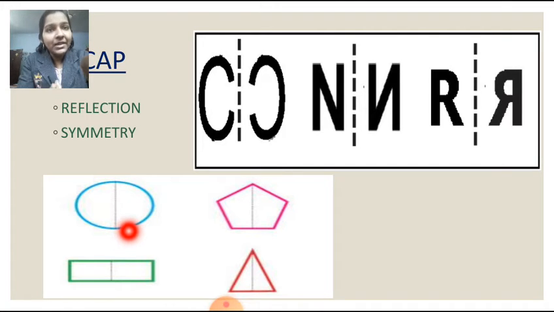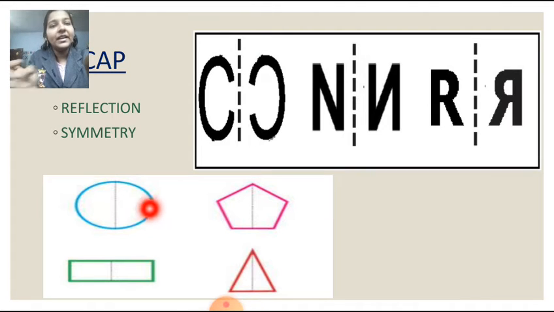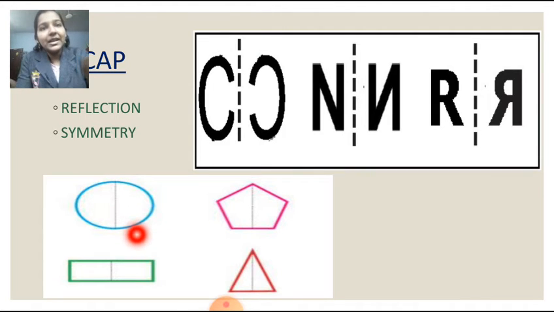In some shapes, there will be more than one line of symmetry. In this circle, we can draw more than one line of symmetry. If you draw like this, that is also a line of symmetry. And if you draw like this, that is also a line of symmetry. Got it? Clear children?